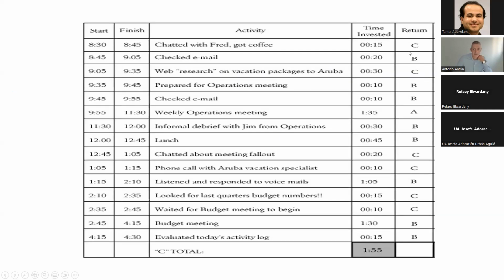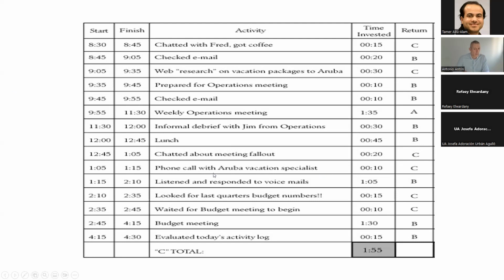Here, for instance, the return is C. It means that it's not very related to my value. When you search the web to find information for someone, sometimes you are at C. Chat about meeting, how they feel, is C, and the time here is 15 minutes, 13 minutes, and 20 minutes.